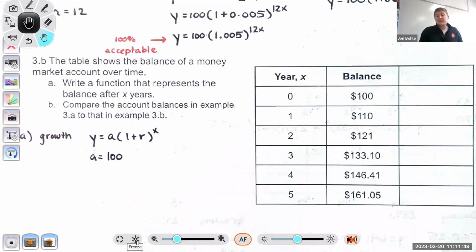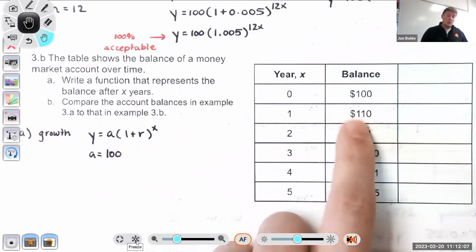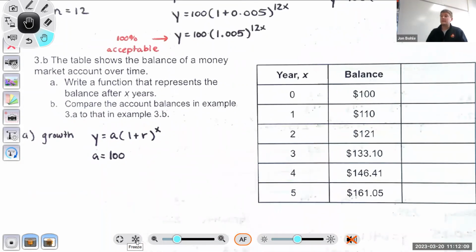All right. What about the rate? I'm going to try to give you a tool. I'm going to show you how to do this in the calculator and figure it out for you. But think, doubling your money is 200% growth. We're going from 100 to 110. What kind of growth would that be?